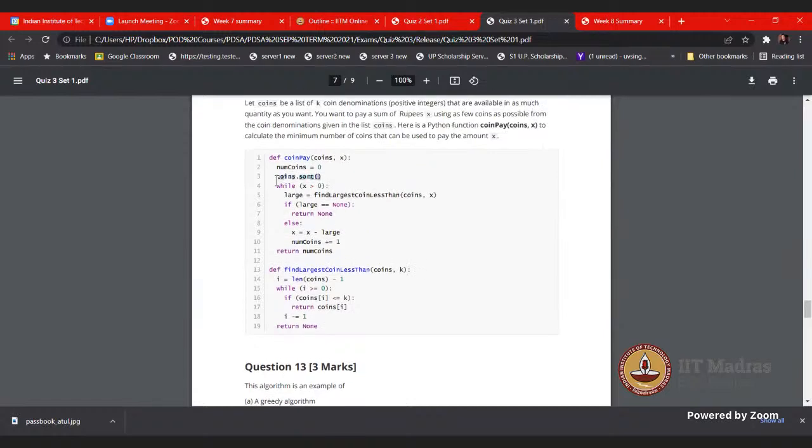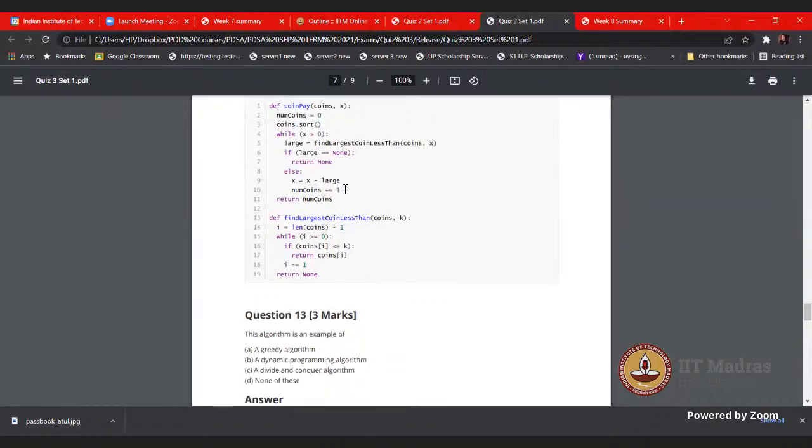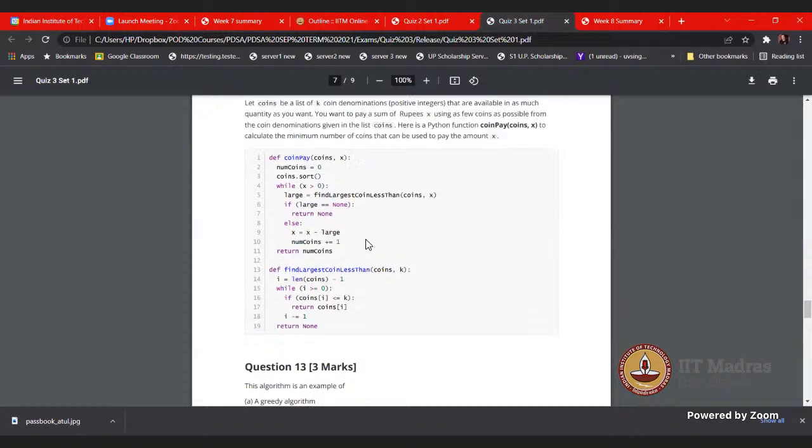First it sorts the coins, the same thing we applied in the interval scheduling and minimize lateness problems. We select the largest coin first, and we divide the amount by this coin value to see how many times we can select this coin to achieve the value.